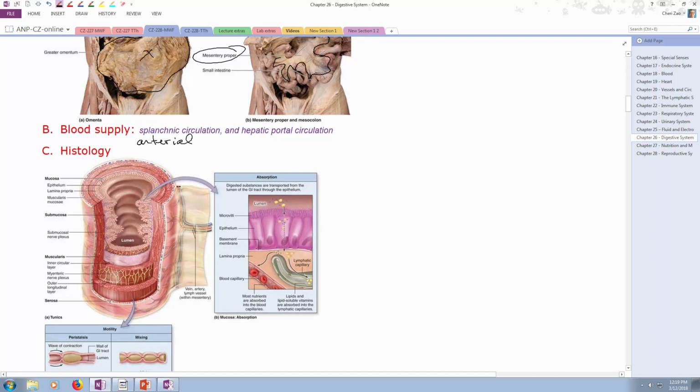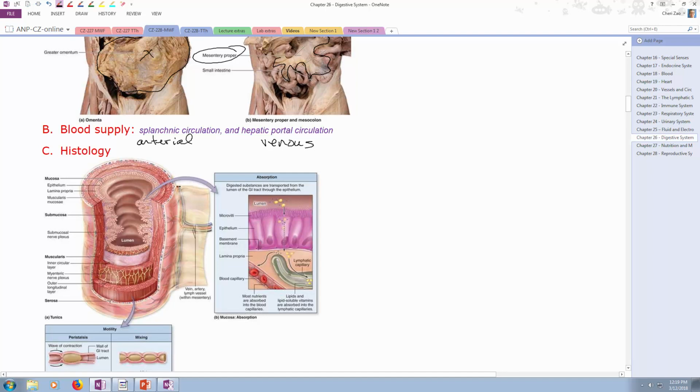Hepatic portal circulation, this is always venous. And even more specifically, this is venous blood from the alimentary canal or digestive tract that is taking absorbed nutrients to the liver.